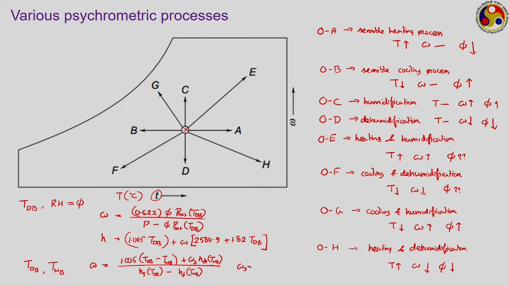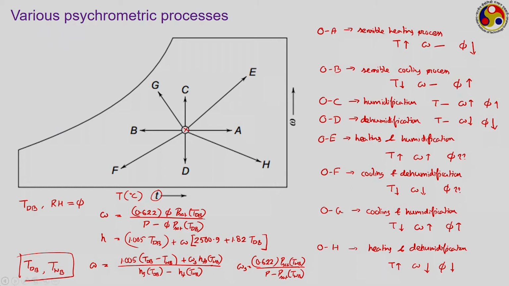Here omega s corresponds to the specific humidity at the wet bulb temperature point, which is nothing but 0.622 into the saturation pressure corresponding to the wet bulb temperature, divided by P minus P saturation corresponding to the wet bulb temperature. So, from the knowledge of the dry bulb and wet bulb temperature, you can get omega, and then successively you can get enthalpy, specific volume, etc. Or if you know the dry bulb temperature and phi, we can go for the same analysis.